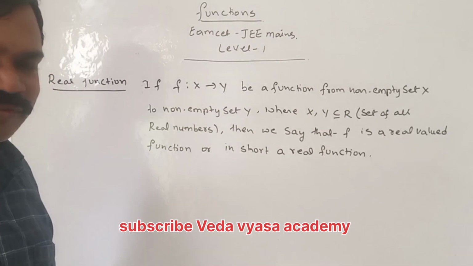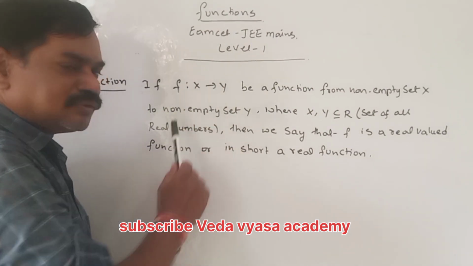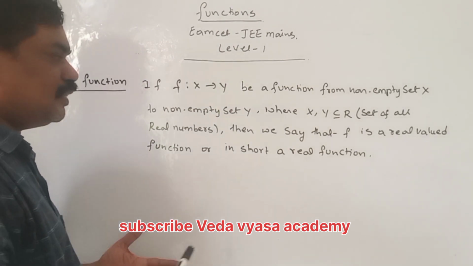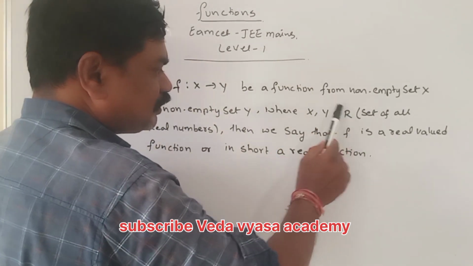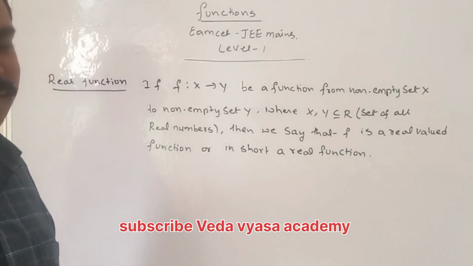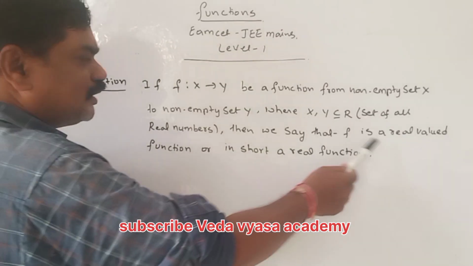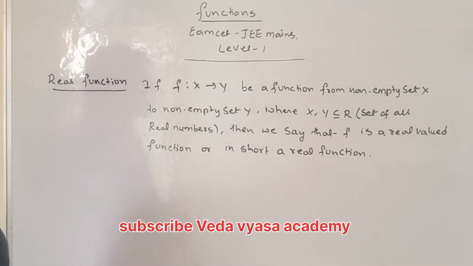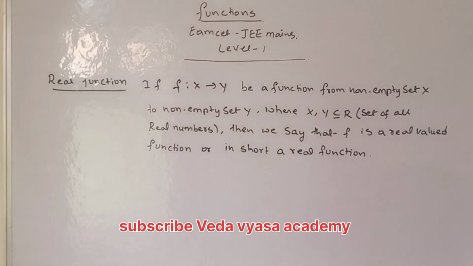What is a real function? f: X to R is a function from X to Y. X, Y are subsets of R, meaning the real number set. So then we say f is a real valued function or real function. Okay, all of you. That's all.